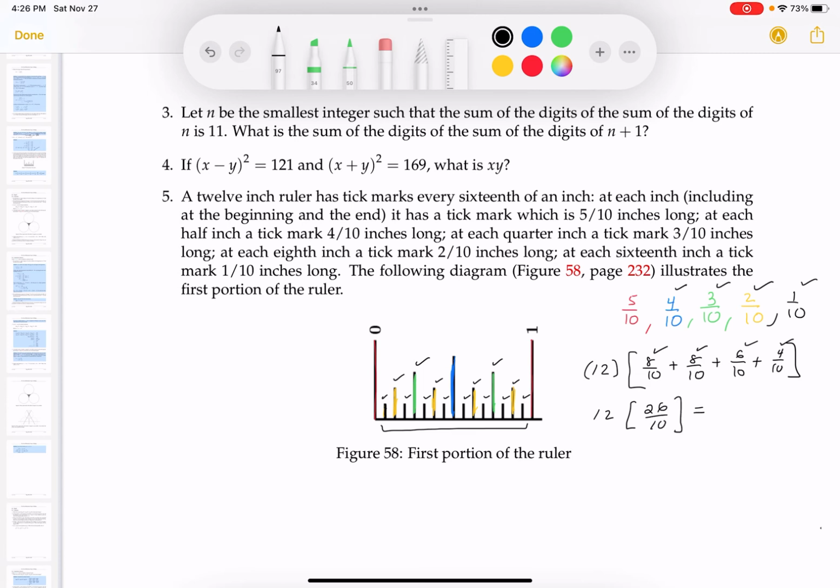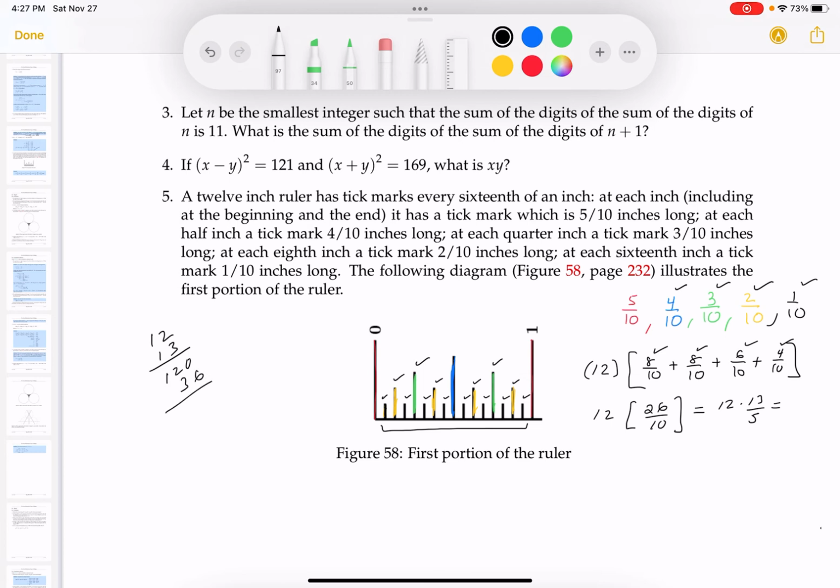I gotta be careful here, right? So I'm gonna just do 12, and this would be 13/5. And 12 times 13, well, that's gonna be 120, because 10 times 12 is 120, and 36, because 3 times 12 is 36.